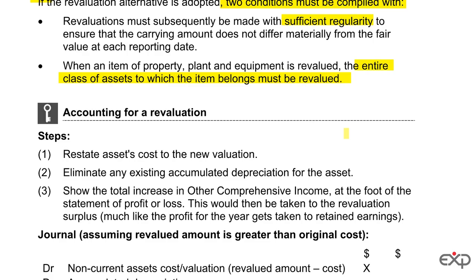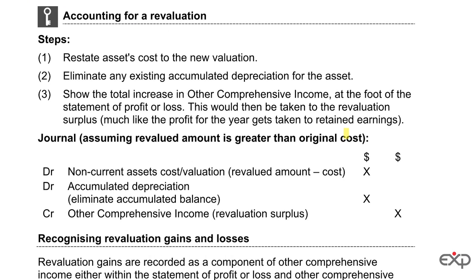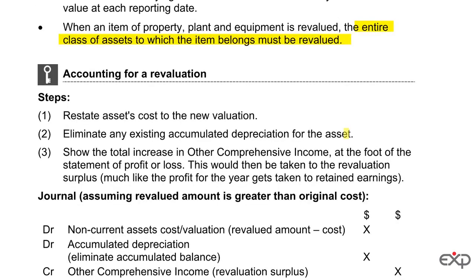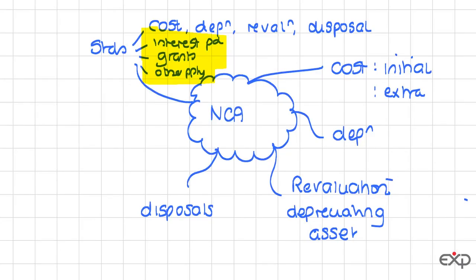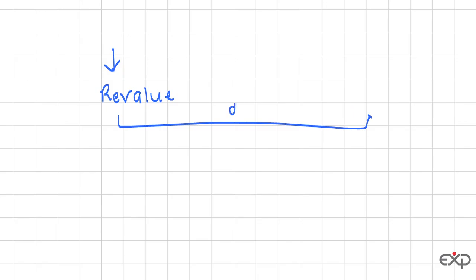Now, once you've decided that you're going to revalue and you've got a revaluation, one thing I would tell you to do in the exam question is to look out for the date. If the item has been revalued at the beginning of an accounting period, it means that you revalue it and then you will depreciate it to get to the carry forward figure at the year end.